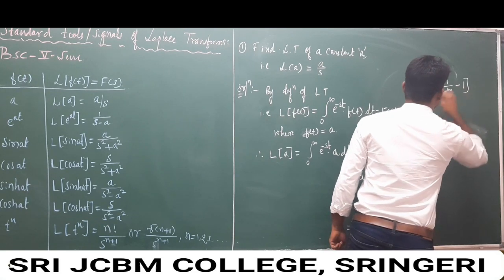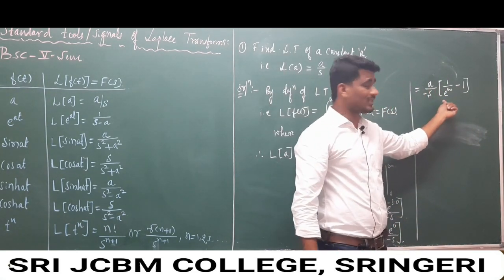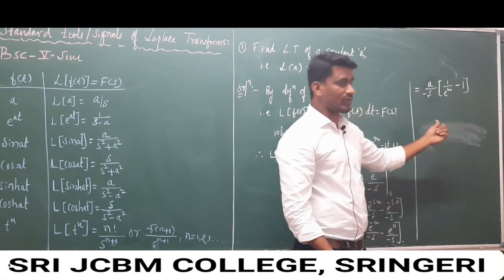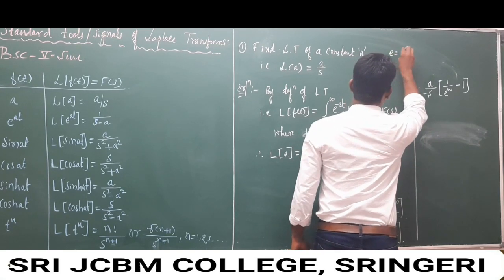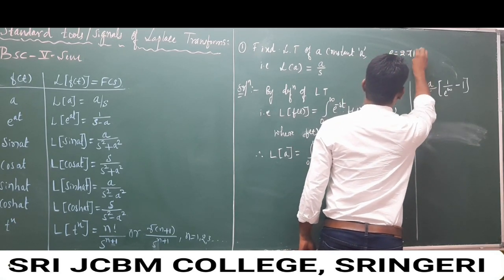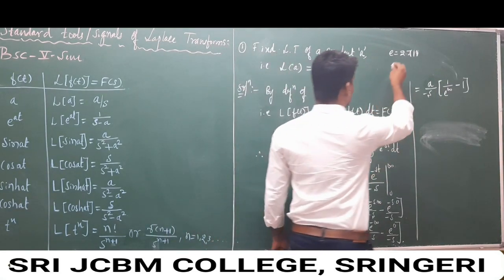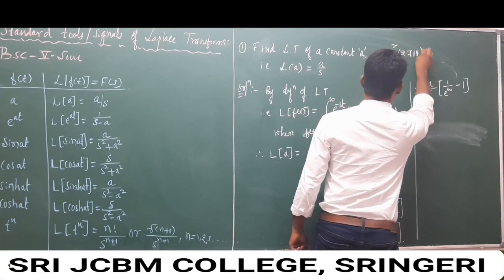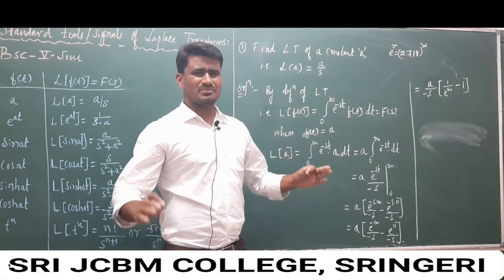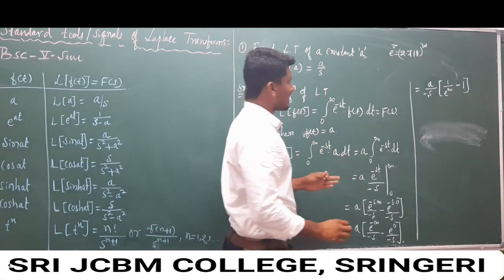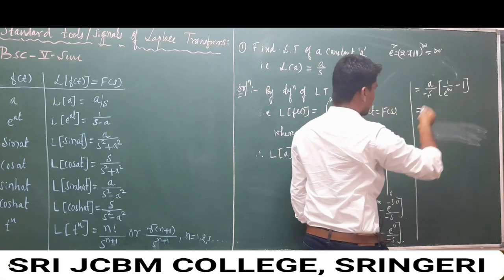Now look at this condition. e is a positive number, and the value of e is 2.718 something, a positive value, and power of infinity means some very big number, so again this value is infinity only.